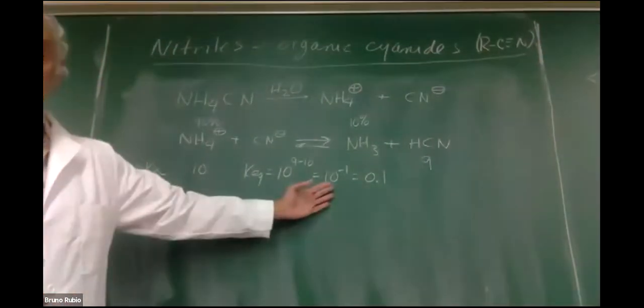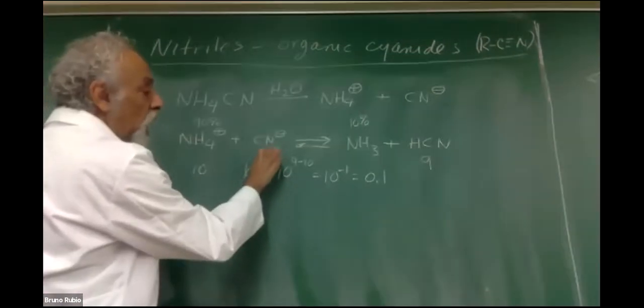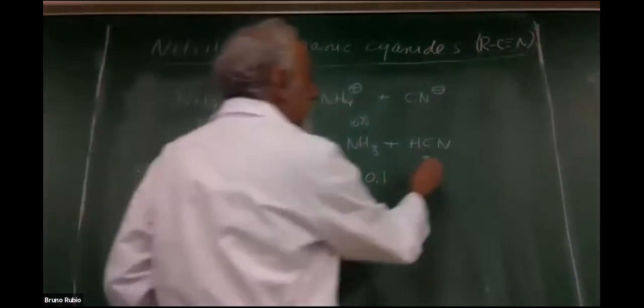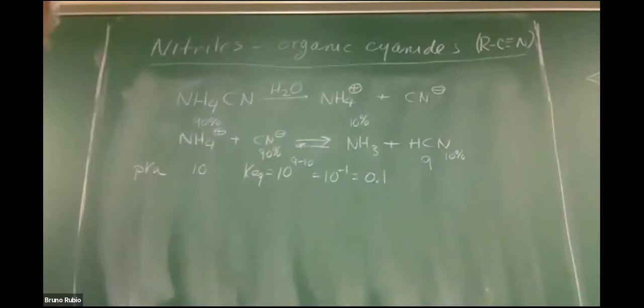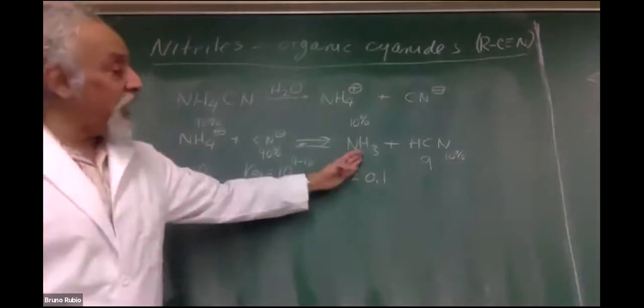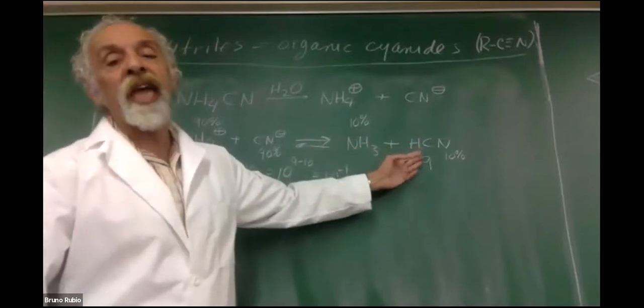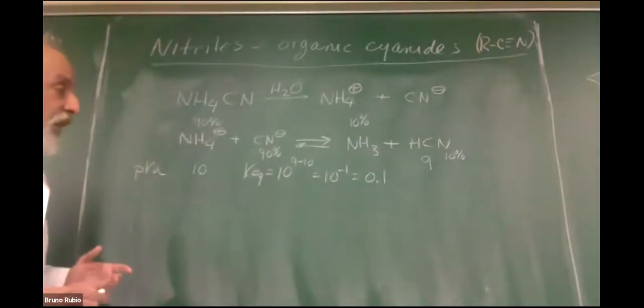Another thing this equilibrium constant means is that 90% of the carbon is bound up as cyanide, and 10% of the carbon in there is bound up as HCN. So there's a respectable amount of NH3 there. There's a respectable amount of HCN in solutions of ammonium cyanide.